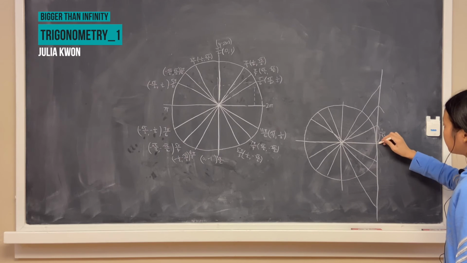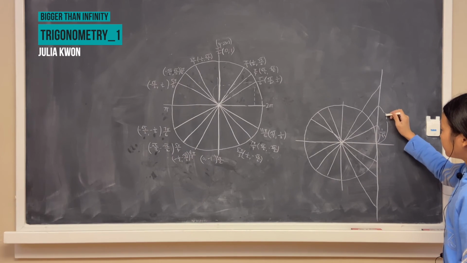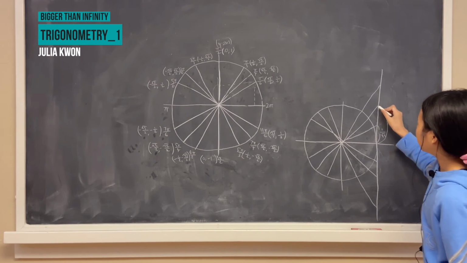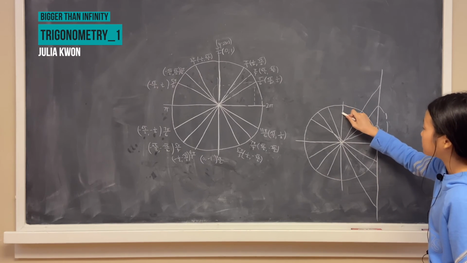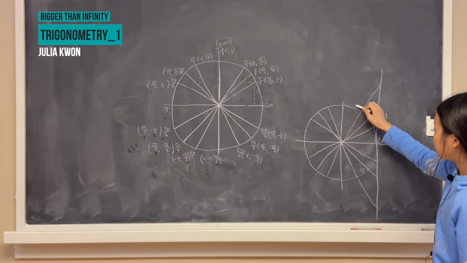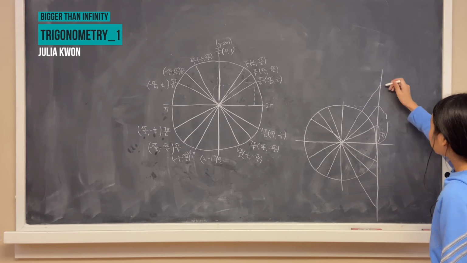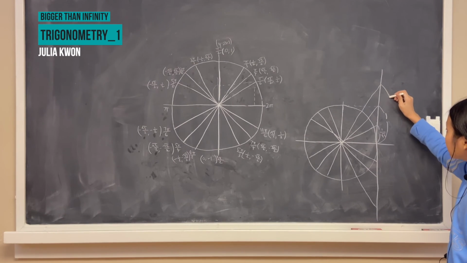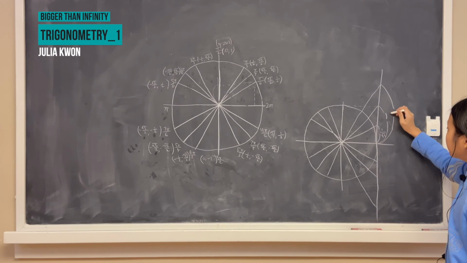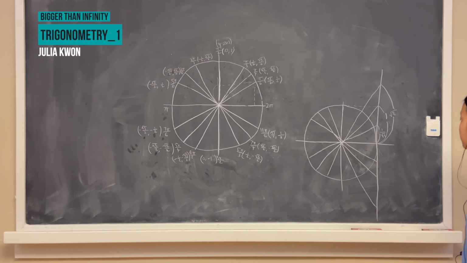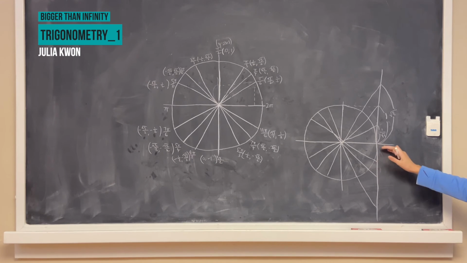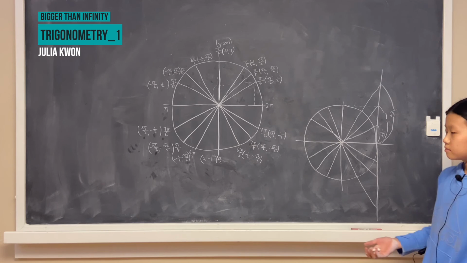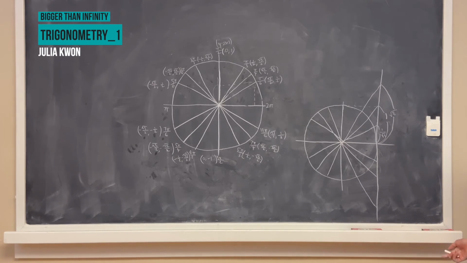This length over here is 1, and that really does make sense since the radius of the circle is 1 and it's pretty much symmetrical. And the length of here is square root of 3. And everything is the same for the bottom part, except it's all negatives, obviously, since we're now in the negative part of the y-axis.